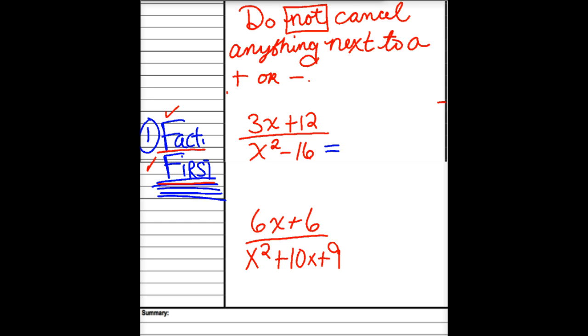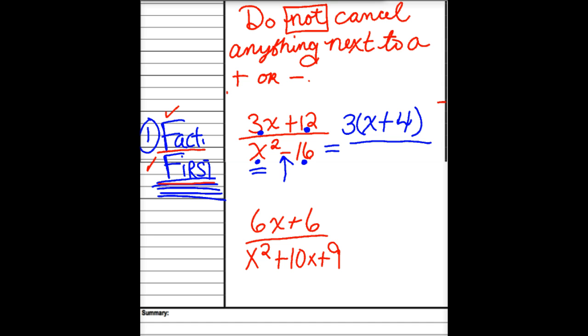On the top, I don't unfoil that. It's only 2 terms, but I note that there's a 3 living in here, and there's a 3 living in here, and I'm going to undistribute it, or divide it out, so that'd be an x, and 12 divided by 3 is a 4. When I go to the bottom, I might be kind of stuck because I'm like, hey, nothing can be pulled out of these two. However, it's a difference of perfect squares.